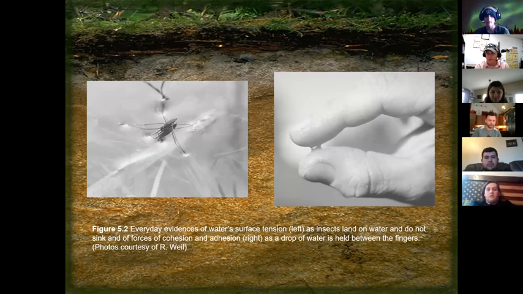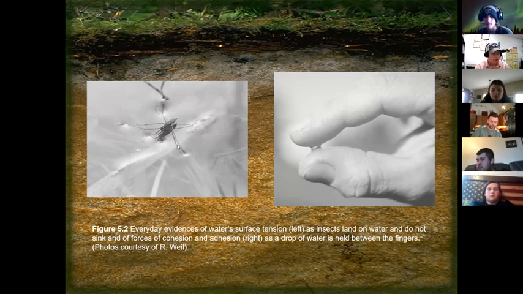What do you think, Lily? Through the water particles sticking to them and then on the water. Yeah, right. He's really light and his weight is not enough to break the cohesive force of the hydrogen bonding in the water.